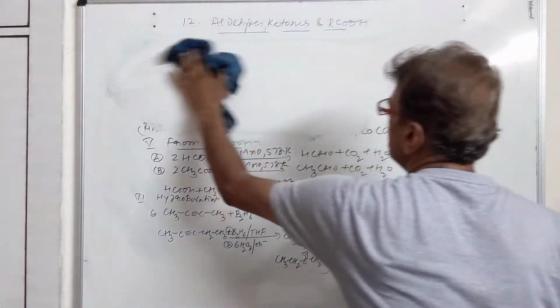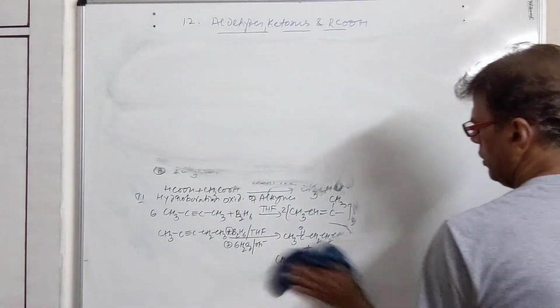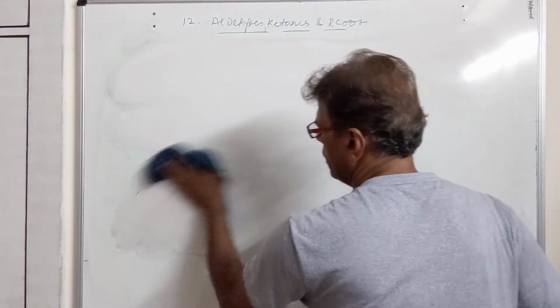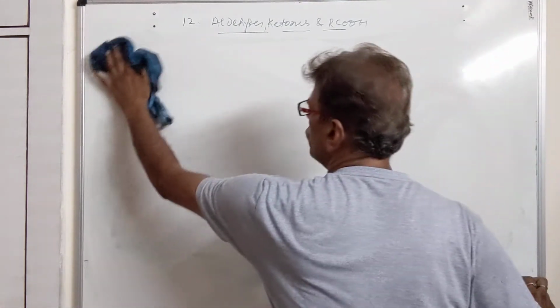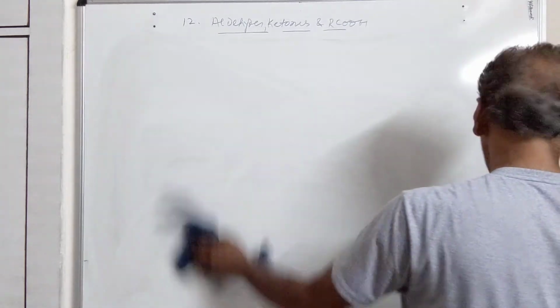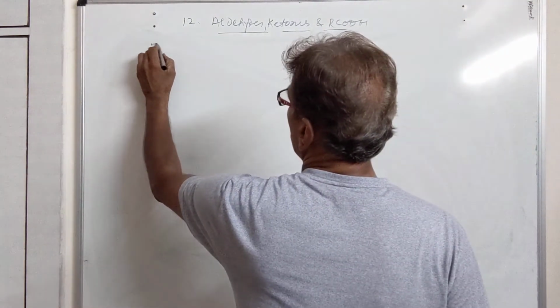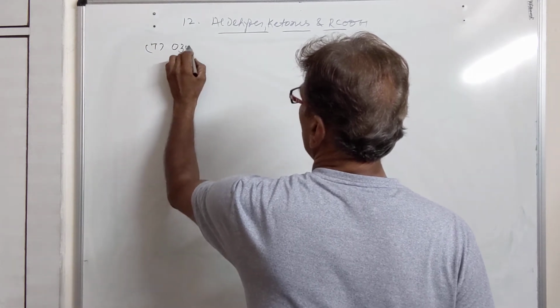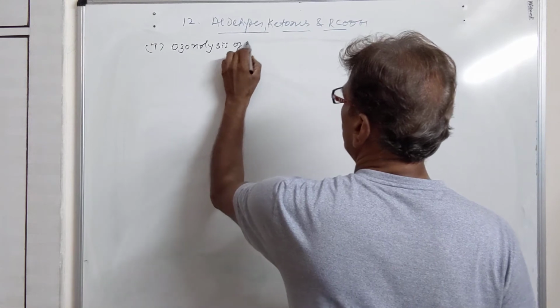Then we are coming to another important method, method number 7. That method consists of preparation of aldehydes and ketones through ozonolysis. We have studied this reaction a number of times. Ozonolysis of alkenes.